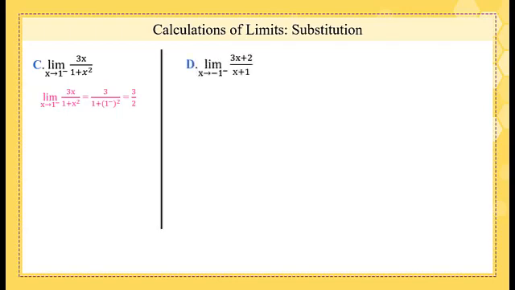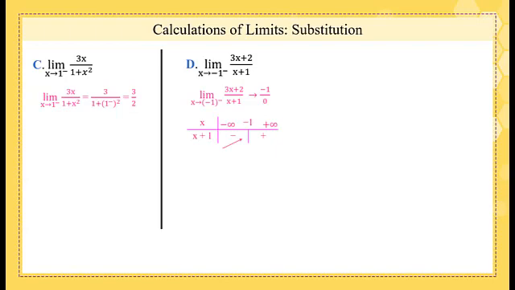The limit as x tends to -1 minus of 3x plus 2 over x plus 1. Here we want to find only the limit at left, which is -1 over 0. To know if this 0 is 0 minus or 0 plus, we shall study the sign of x plus 1.